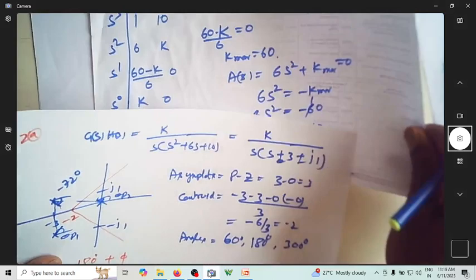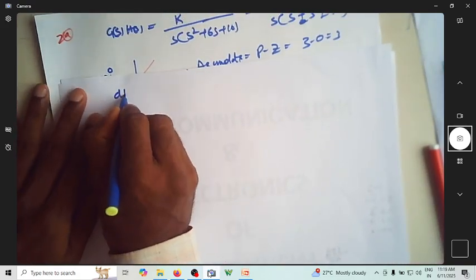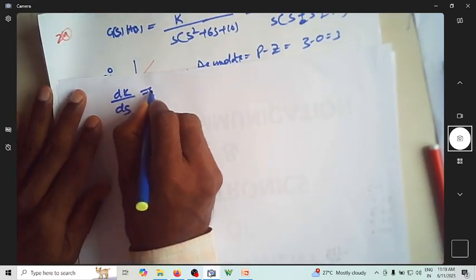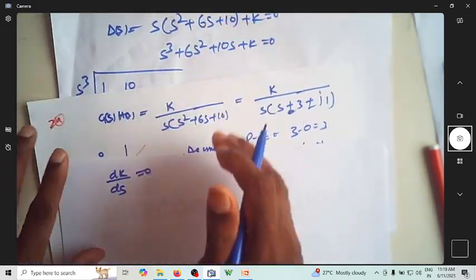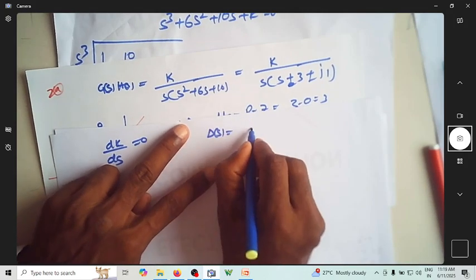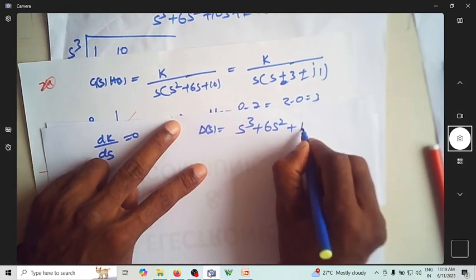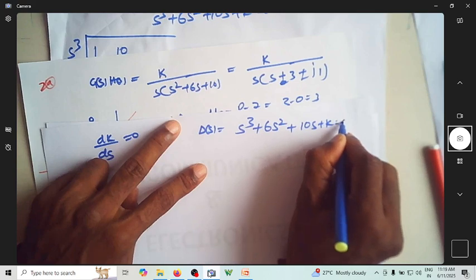How do I find the breakup point? To find the breakup point, let us find dk by ds equal to 0. So I have the value of the characteristic equation as s cube plus 6s square plus 10s plus k equal to 0.